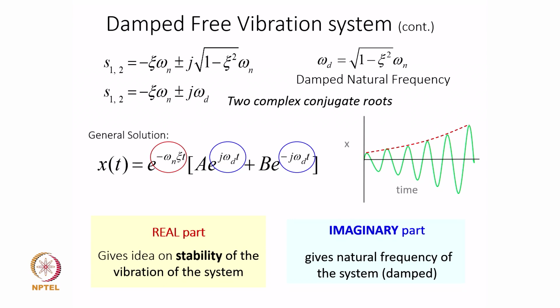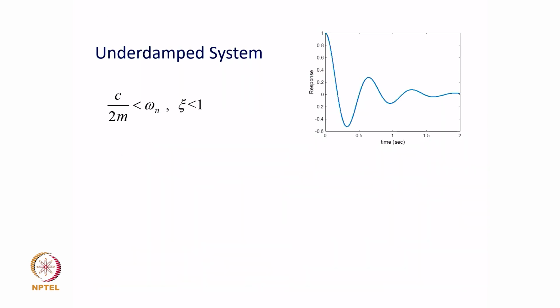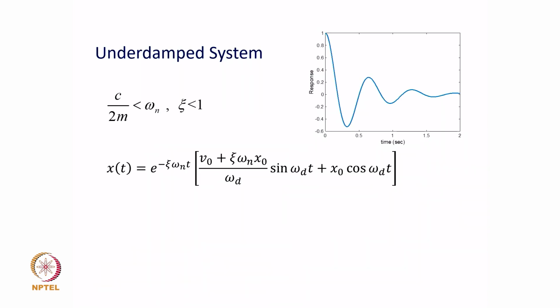Once you solve it and finally get the expression, you can get something like this. So, what you see here is A has turned out to be this quantity and B has turned out to be this quantity, and that is the final response which you get completely identified.